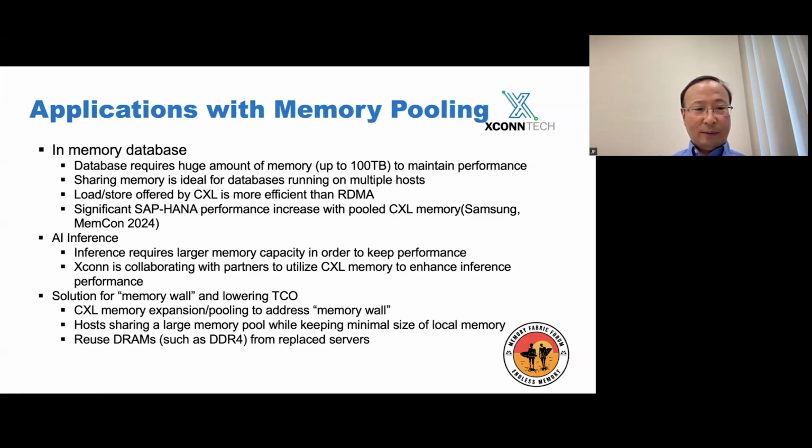The last is the solution to the memory wall issue that the computing industry has been facing for many years, and also lowering the TCO due to the benefit from CXL memory pooling. Today CXL memory expansion pooling can already grow to a very large memory pool. The memory wall issue, which was originally just not enough memory, can be resolved by this big memory pooling.